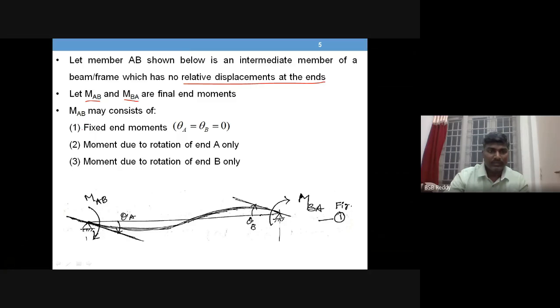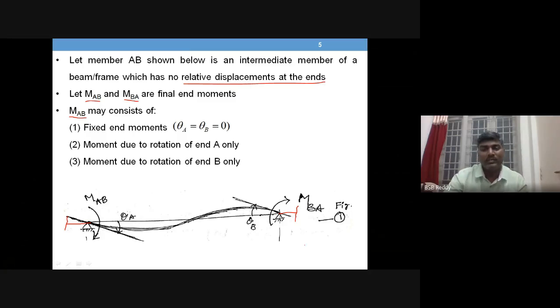So MAB, we shall understand this way. Moment at A of any intermediate member, let us say this is being cut from a continuous beam.